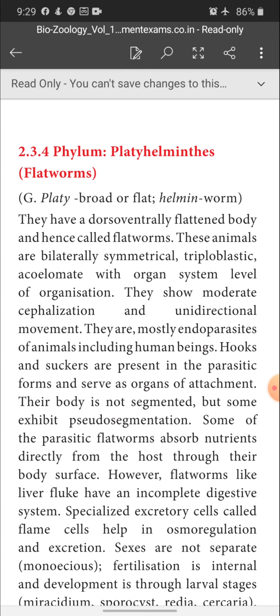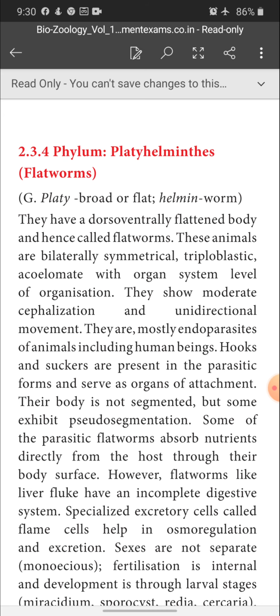In earthworm, the body is divided into many segments externally and internally, and this is called what? Segmentation. In Phylum Platyhelminthes, we cannot say any true segmentation. Some animals show pseudo segmentation. What is meant by pseudo? False. That is, segment-like structures we can observe in the animal's body, but it will not be a true segmentation.